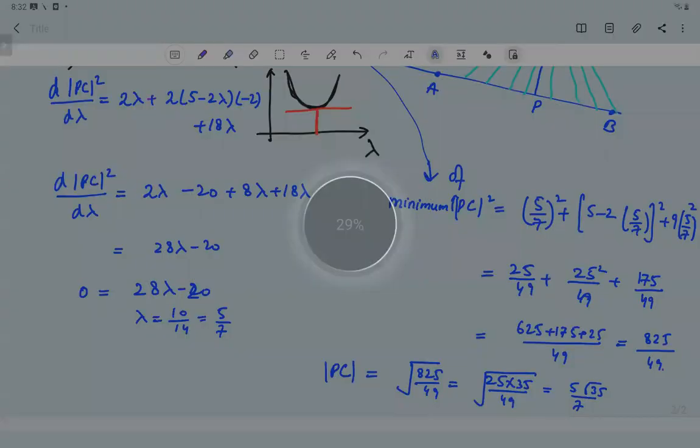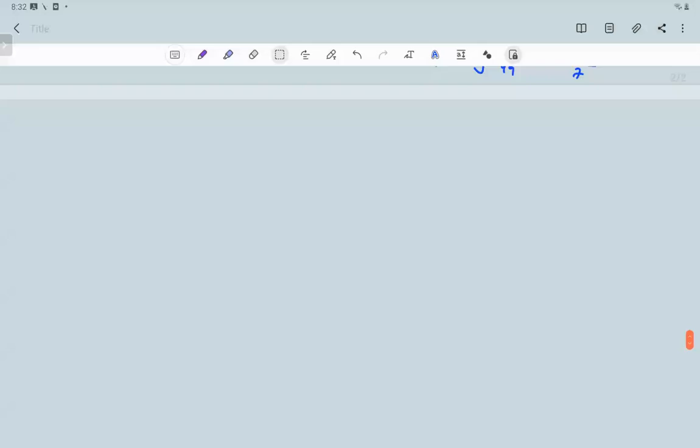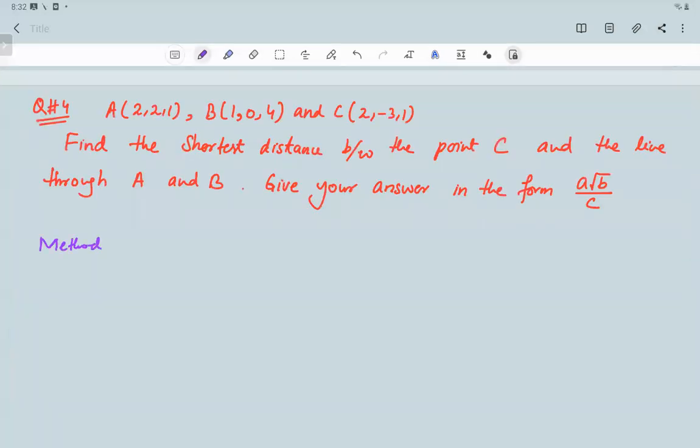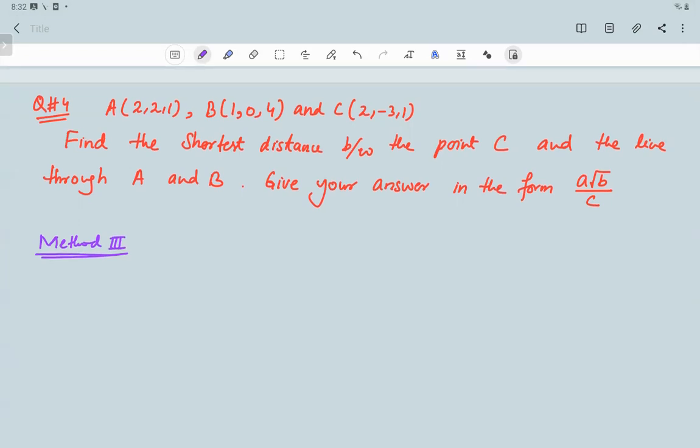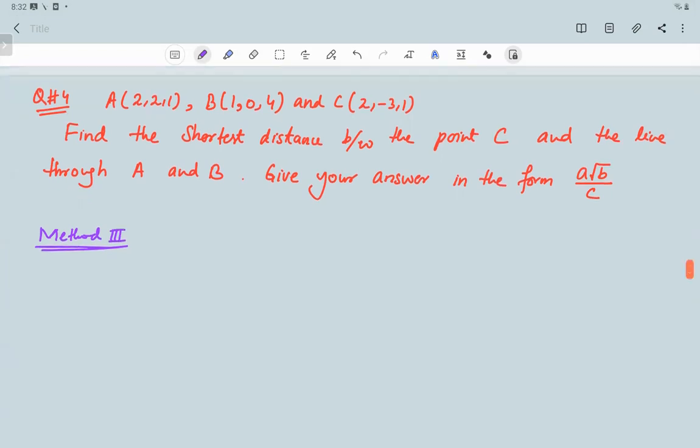Okay. Method number 3. For method 3, we will use another approach. Okay. Simple trigonometric approach.